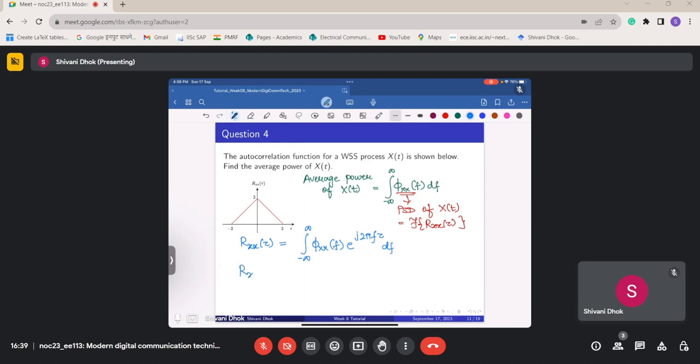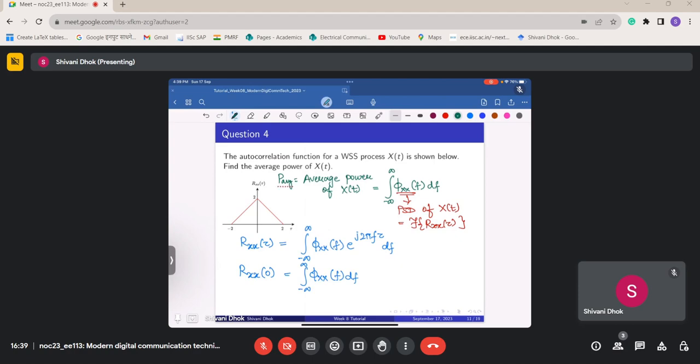Now look at this special case where my tau is equal to 0. Then this comes out to be integral of phi xx of f e power j 2 pi f 0, which is e power 0, which is 1, df. And let me name this as P average.